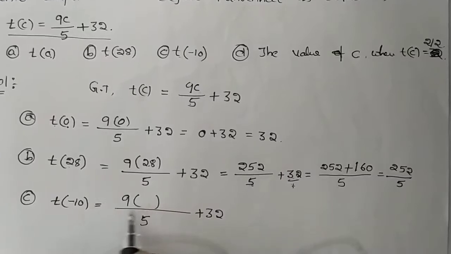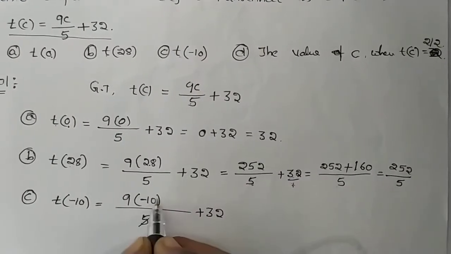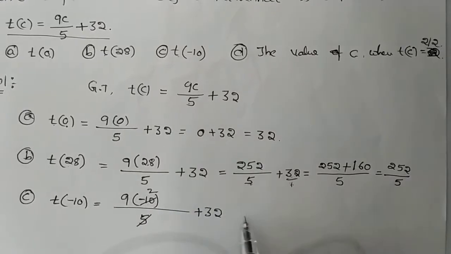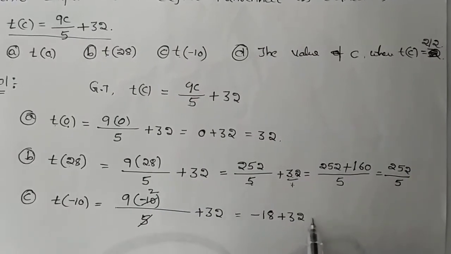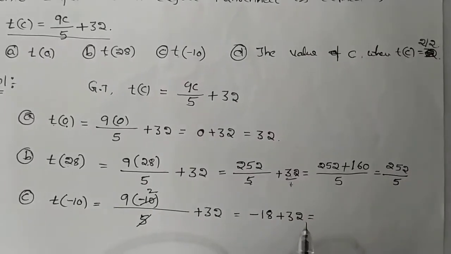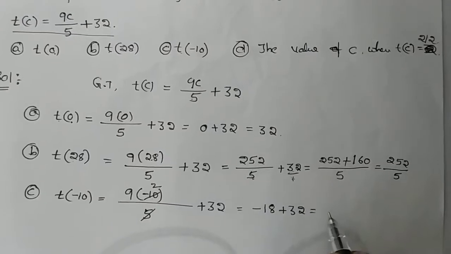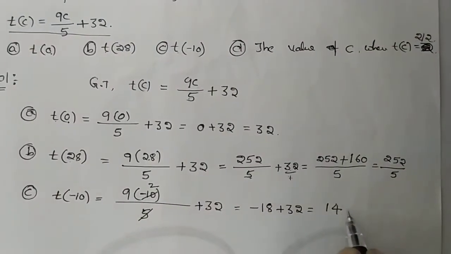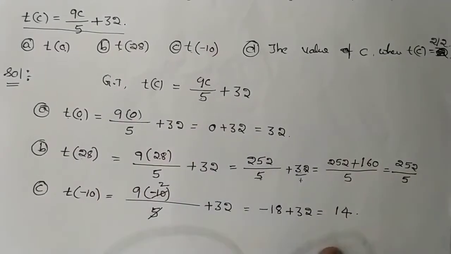In place of C, we have to put the value minus 10. 5 twos are 10, so 9 into 2 is minus 18 plus 32. 32 minus 18 is how much? It is 14. Therefore, the value for T of minus 10 is 14.